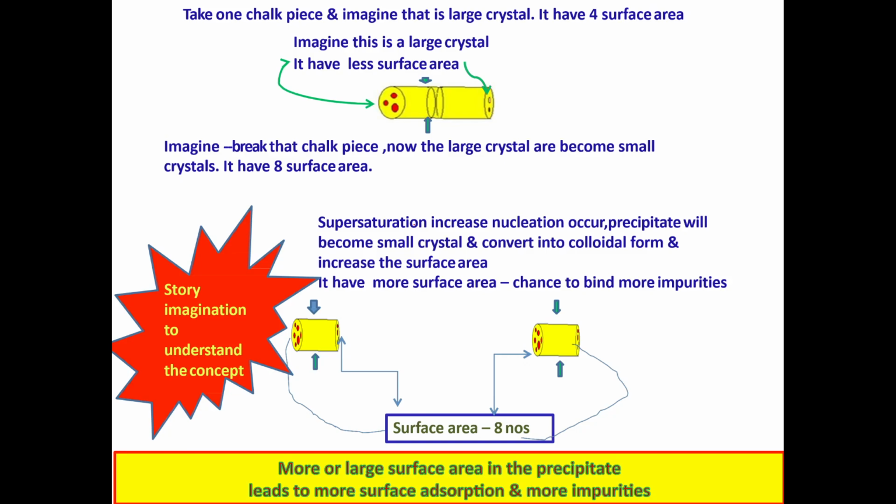So when supersaturation increases, nucleation occurs, and the precipitate becomes small crystals and converts into colloidal form. The colloidal form, which is the small particle, will also increase the surface area. If the surface area is increased, the chance to bind more impurities is increased.